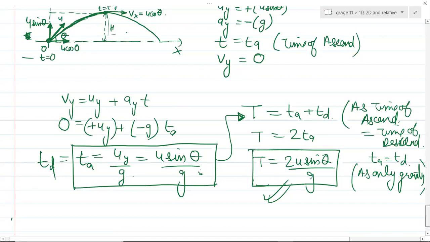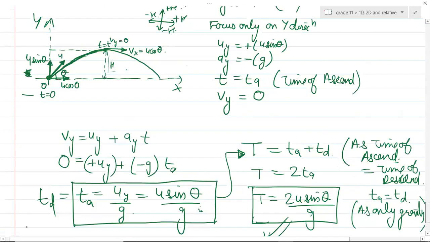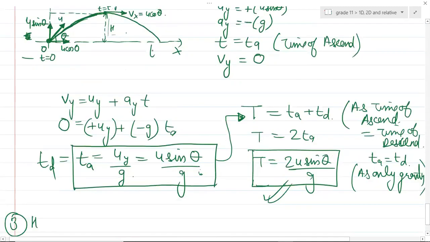Now third is basically called the horizontal range. But first, what is time of flight? Can you see over here, the time taken from here to here?